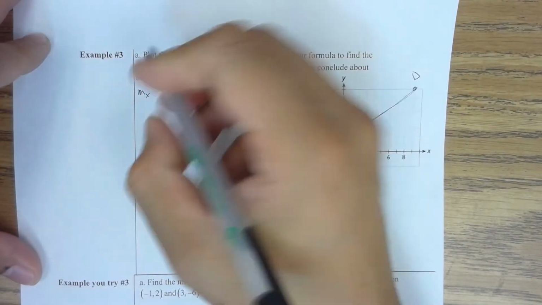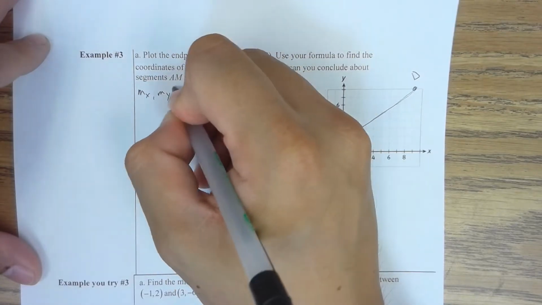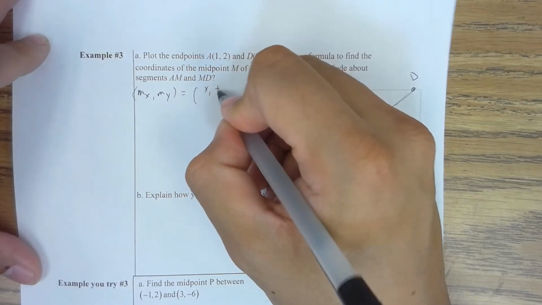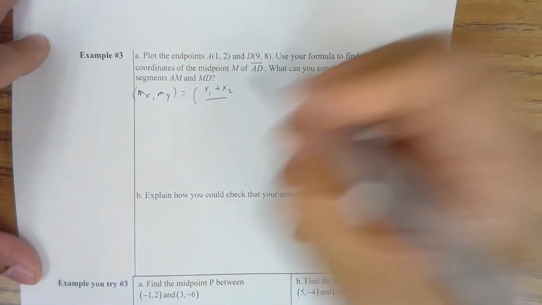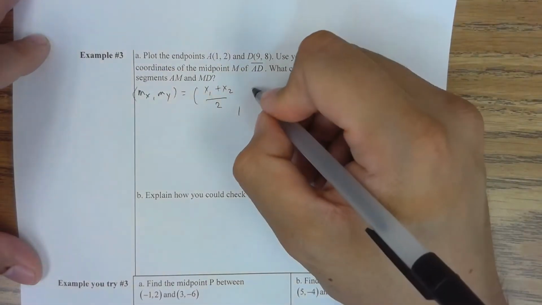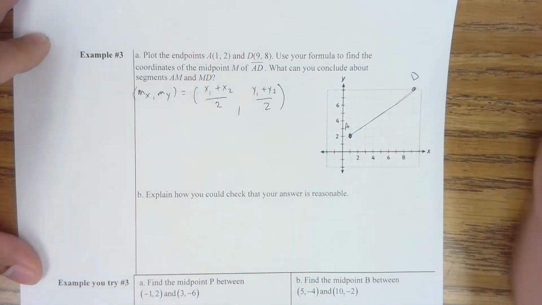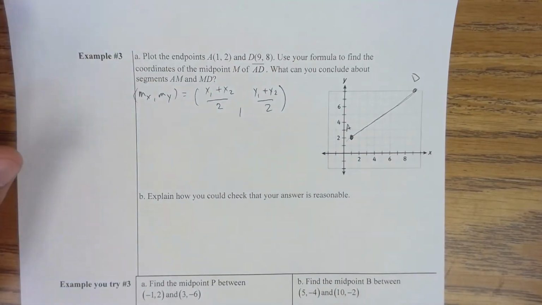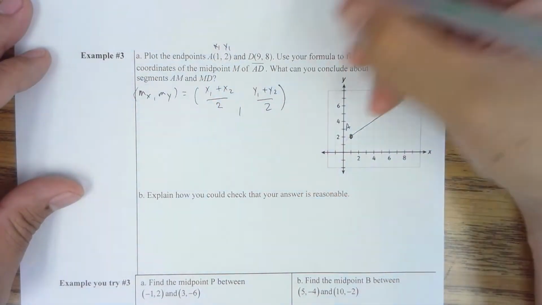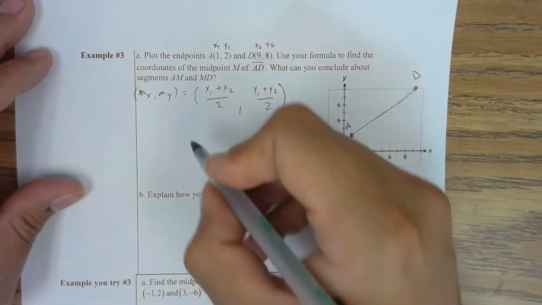So the midpoint of x and the midpoint of y is based on the formula: the first one plus the second one of the x coordinate, divided by 2, so we can find the half of that, the middle of that. y1 plus y2, split that in half, so we divide that by 2. And let's label it. This is my first point, so x1, y1. My second point, x2, y2. Put it in.